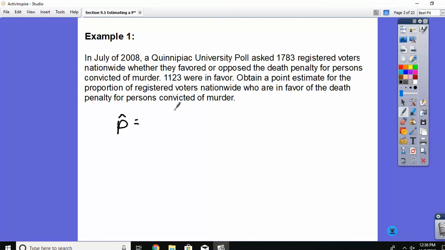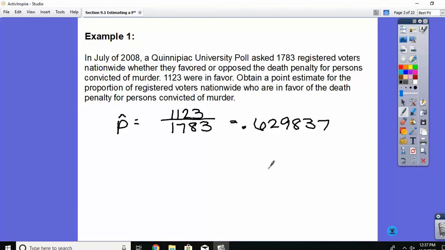You take the people that were in favor of it, so like 1,123 over the whole. And so we get point estimate 0.6298 or so. I didn't say how many decimal places.